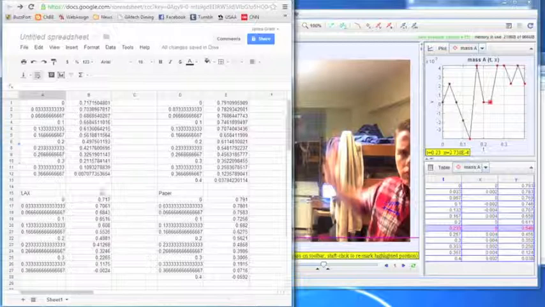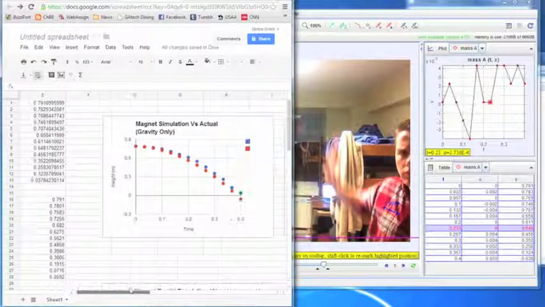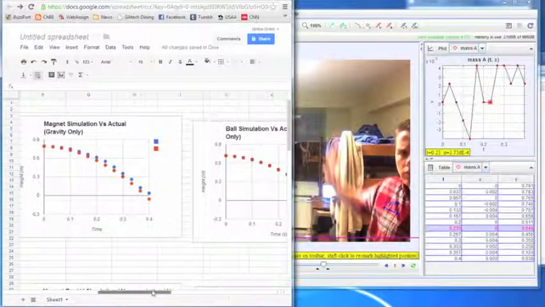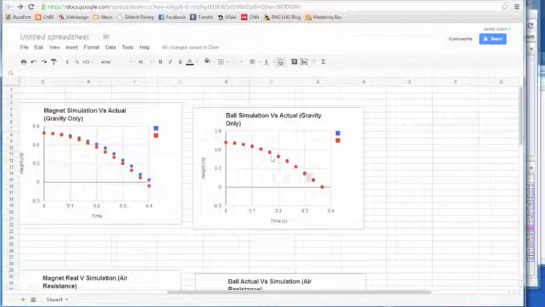This data here is the data for the lacrosse ball falling, the actual data that happened, and this is the simulation, and this is the magnet, the actual magnet, and this is the simulation. And so I graphed those over here, and as you can see, the ball falling was very close to the simulation.